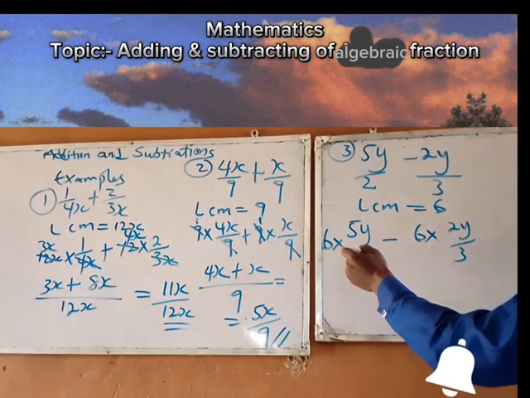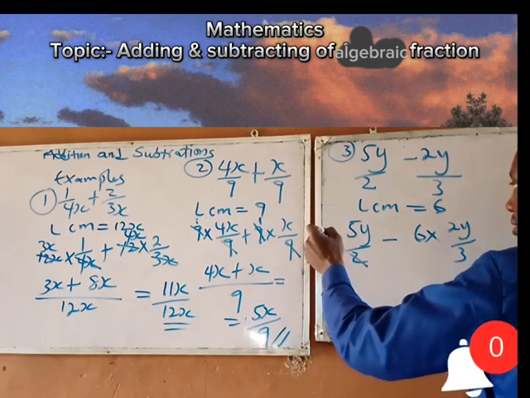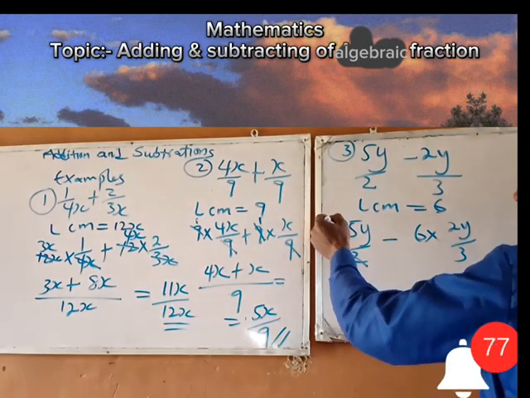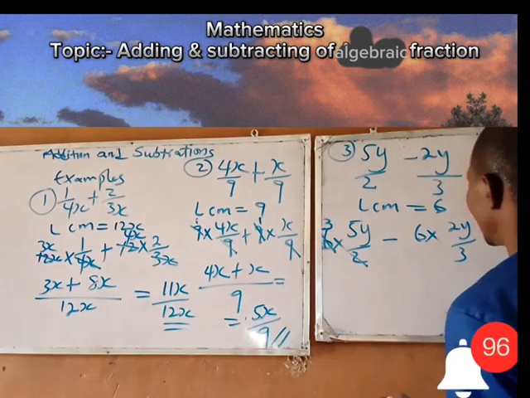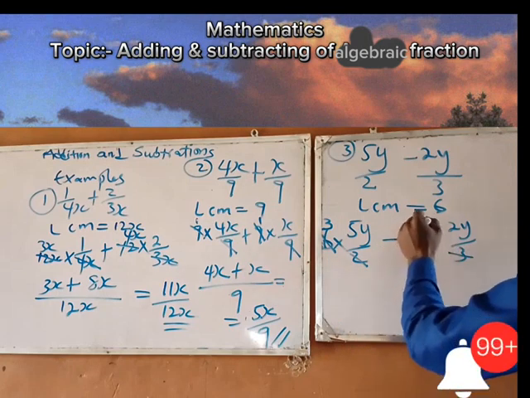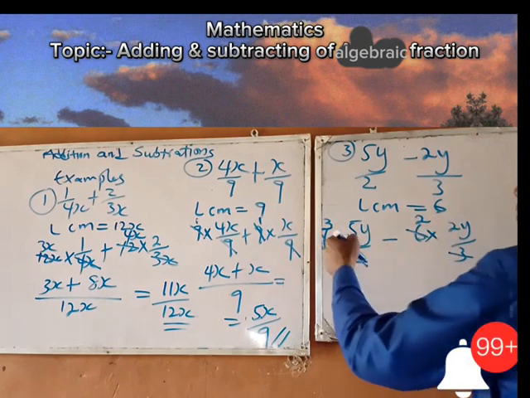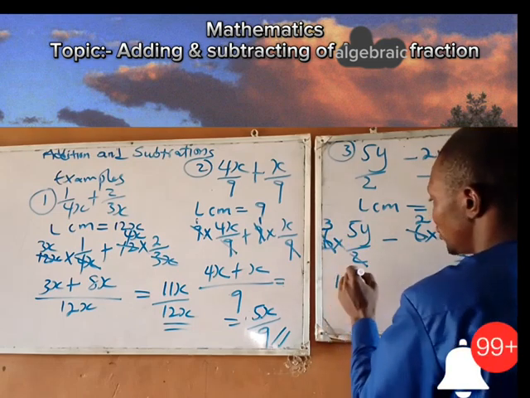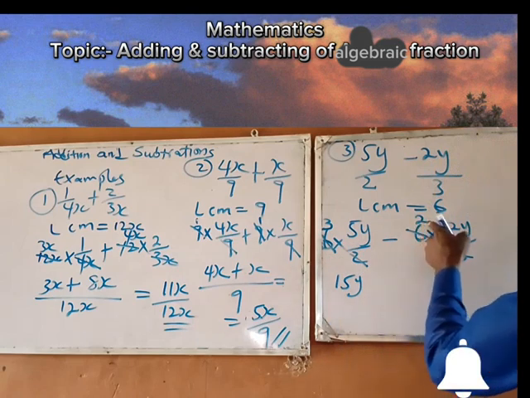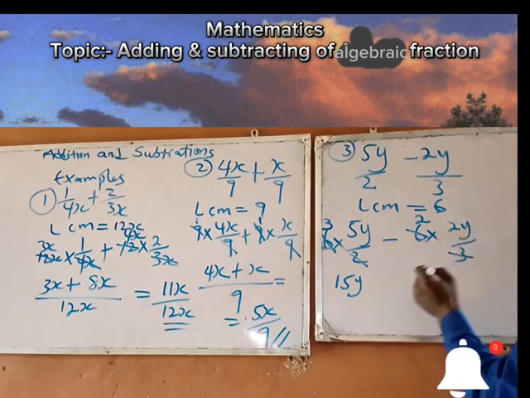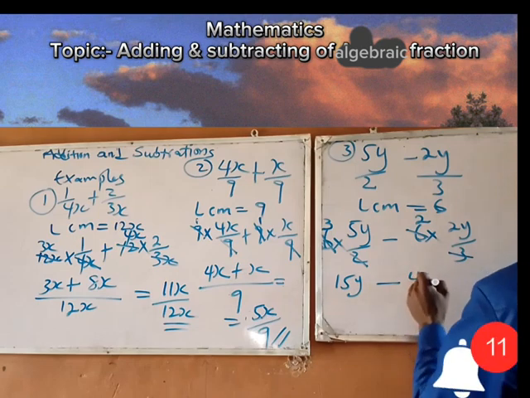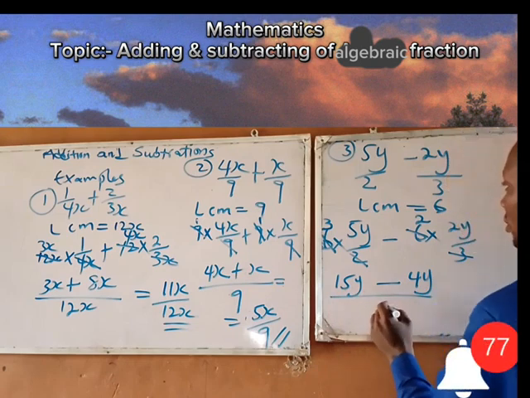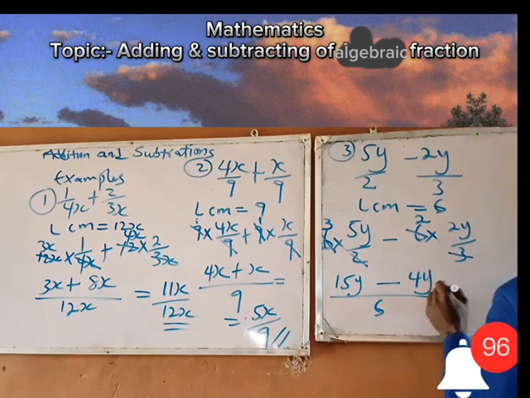So 2 goes in here 3 times, and 3 goes in here 2 times. So 3 multiplied by 5y, we have 15y. Minus 2 multiplied by 2y, we have minus 4y, all over the LCM, which is 6.